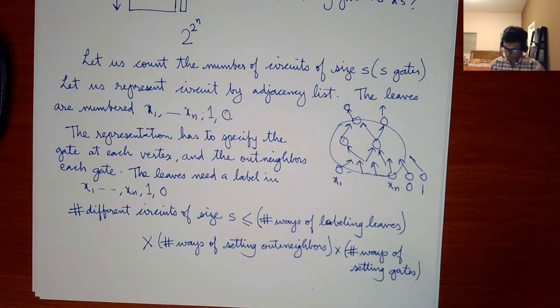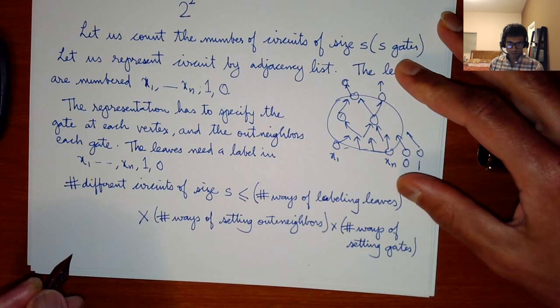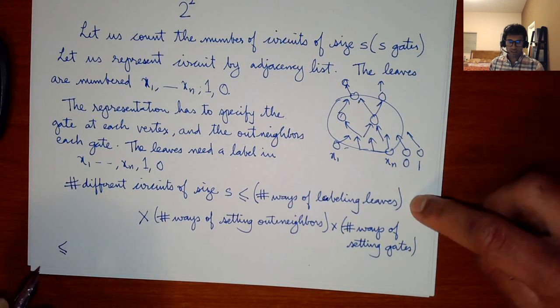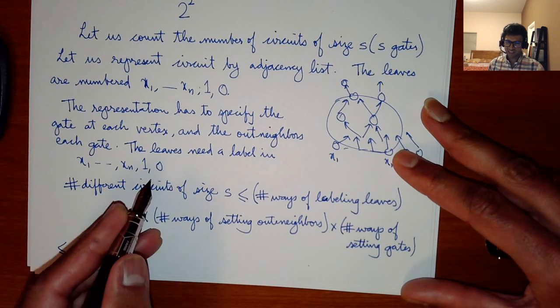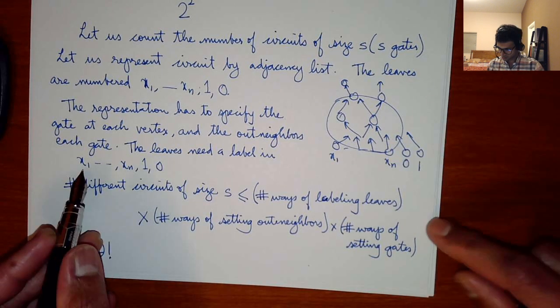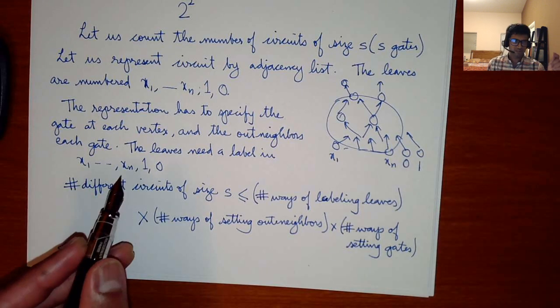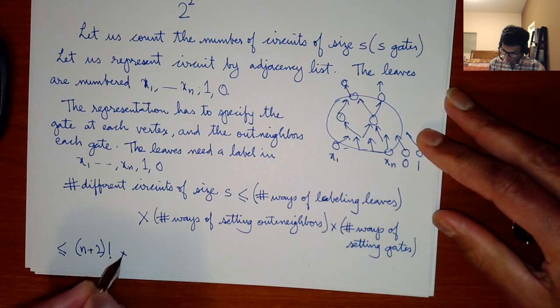Okay, so now let me write all of this down. The number of ways of labeling the leaves is just n plus 2 factorial, because there are n plus 2 possible values that I could set at the leaves. How many ways of setting the out neighbors?